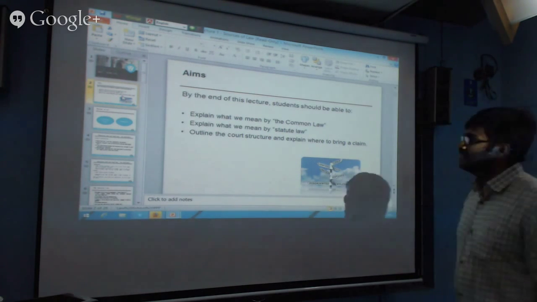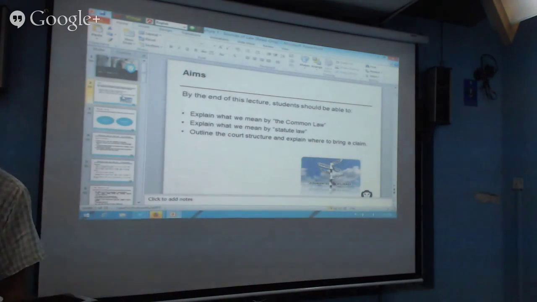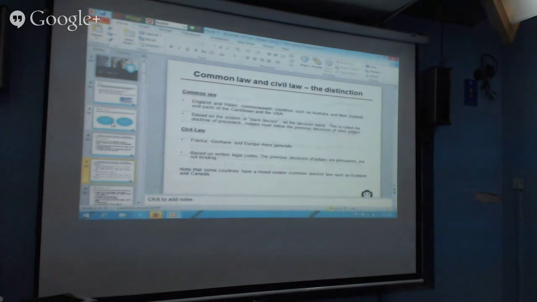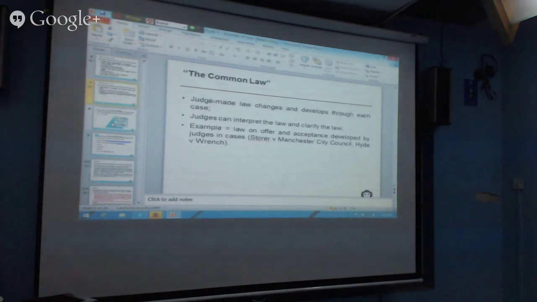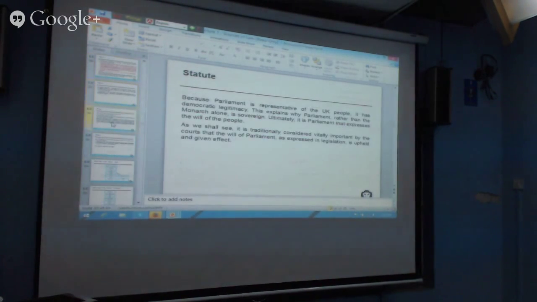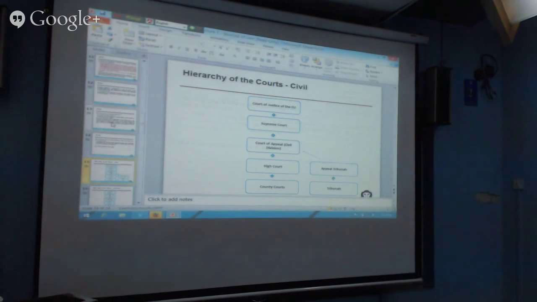Cases dealing with. So this is the hierarchy of the courts. You see, I gave the question from here. This is the hierarchy of courts. If anybody can write it down. You see, all answers are there.